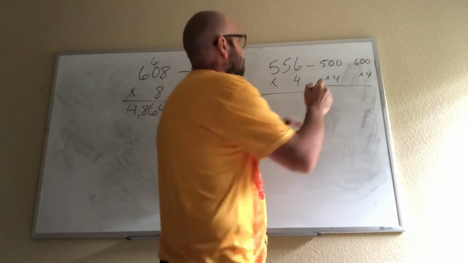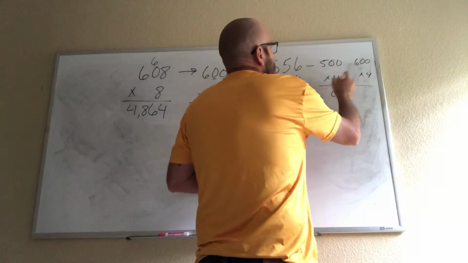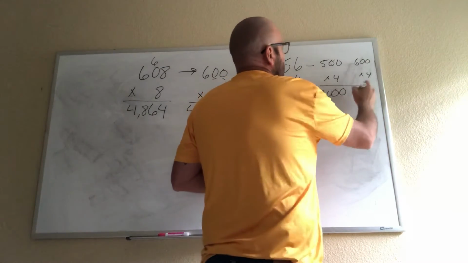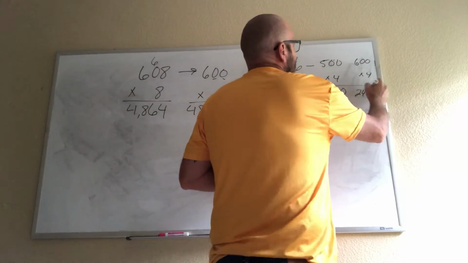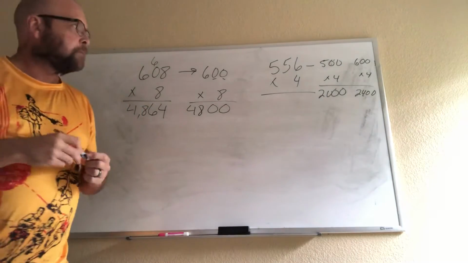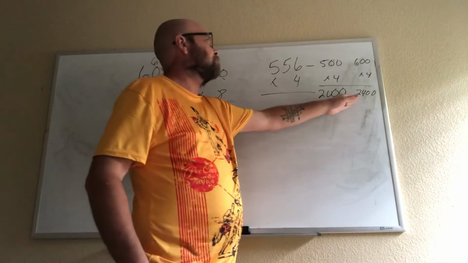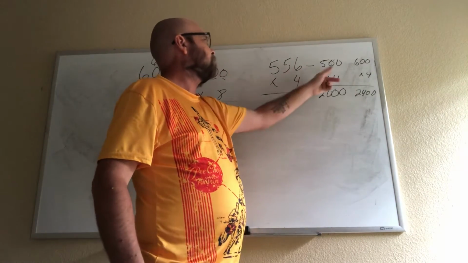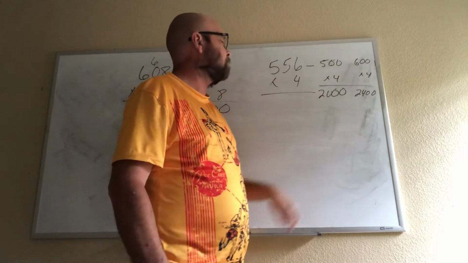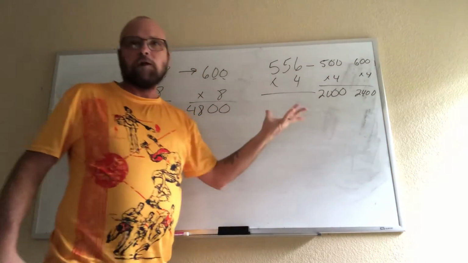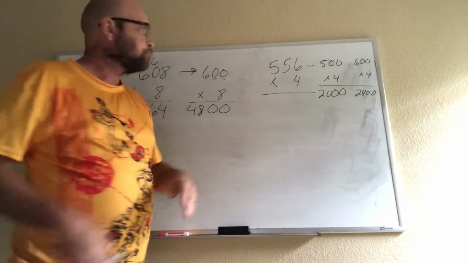Bring my 2 zeros down: it's going to be between 2,000 and 2,400. So now I know my answer is between 2,000 and 2,400 because I moved it down to 500, then up to 600, and that gives me the range where my answer will be.